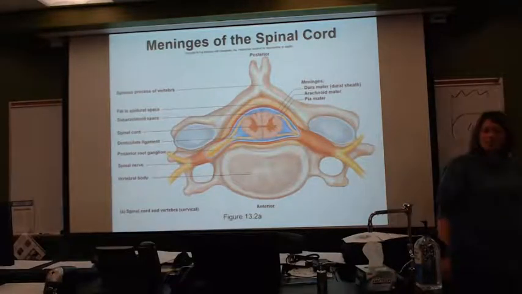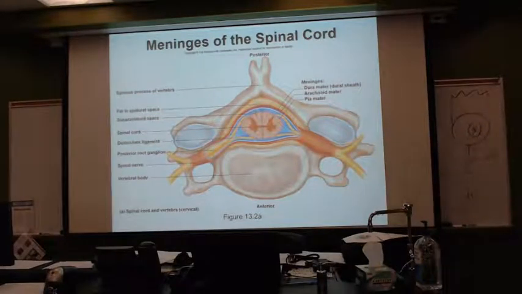On that posterior side, where does it look like the part of the fork that goes to the posterior side enters, where it meets? The gray matter. It looks like it meets the gray matter, and it does.